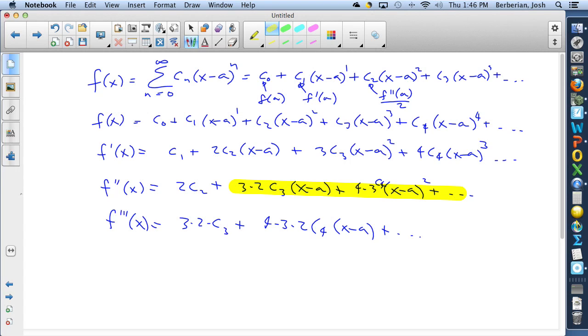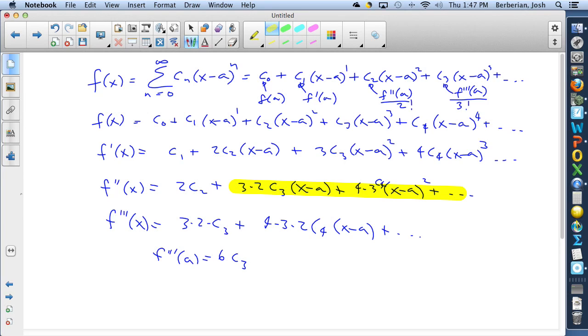So if I let x equal a, everything's going to drop out. So if x equals a, I get the third derivative at a equals 6c3, or c3 equals the third derivative at a over 6.